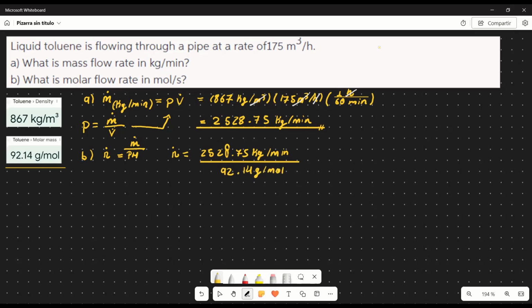But we see here that there's a problem. We cannot eliminate the kilograms with the grams because these are not equivalent magnitudes. One kilogram has 1,000 grams. So we need to use a conversion factor before applying this formula.